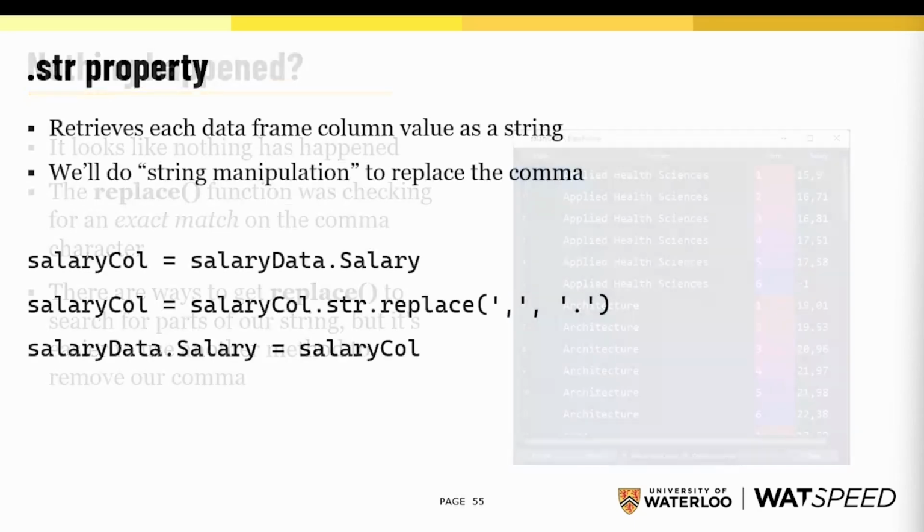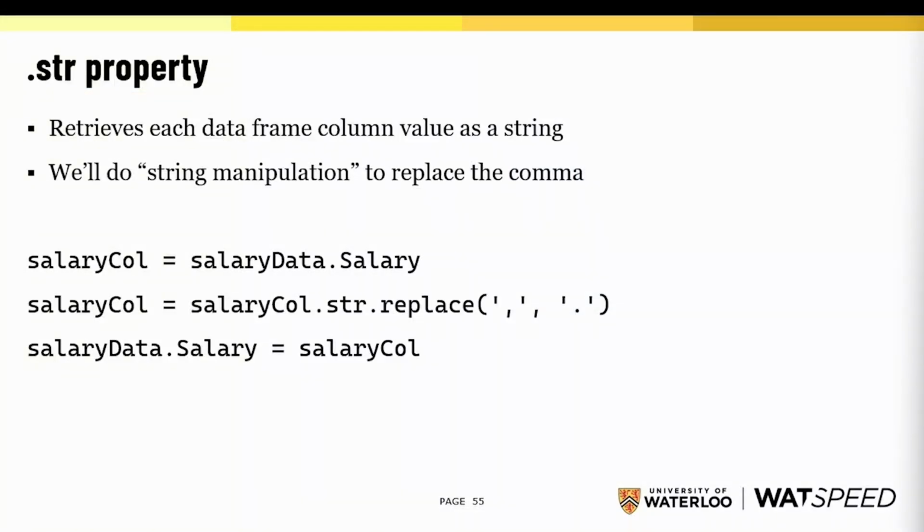Well, it's the string property on our data frame column. This will grab each data frame column's value as a string, and then we can use the string's replace function to replace our comma with the period character. So check this out.